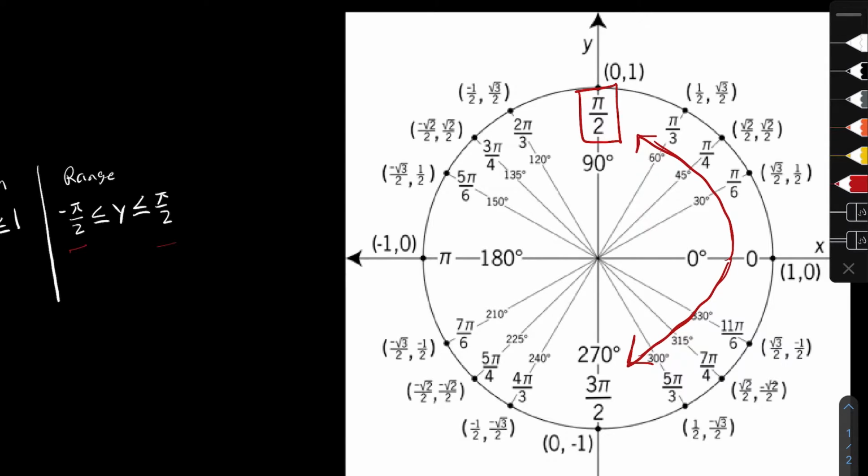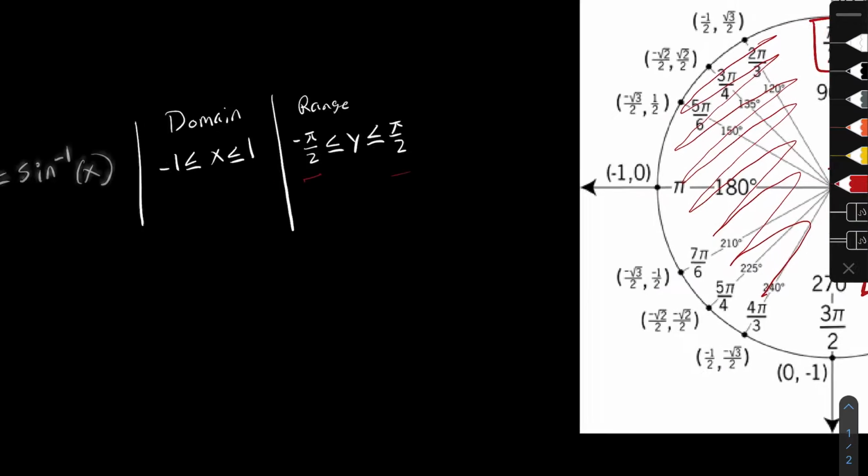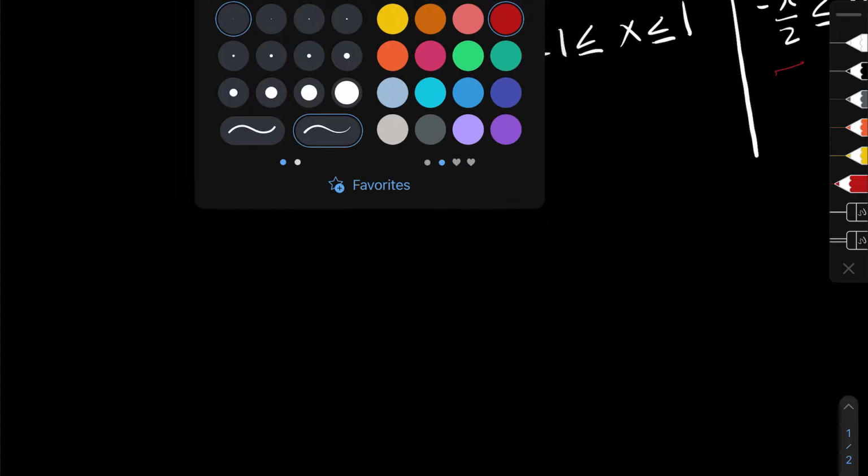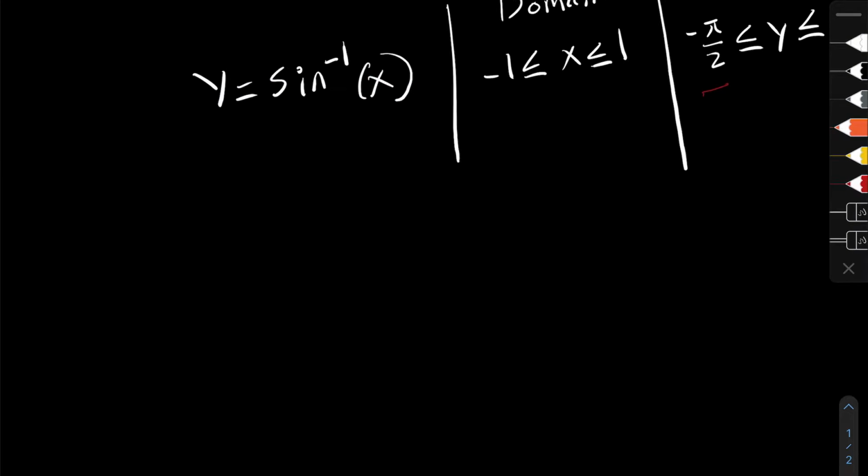That means that we can have an answer on this side of the unit circle for sine inverse, meaning that we can basically eliminate this left side, meaning that all our answers for any of the practice problems we do or the problems you do in your homework will be from this right side if it is a sine inverse equation.